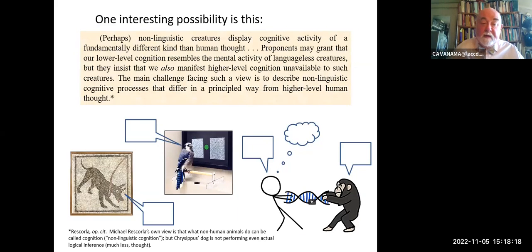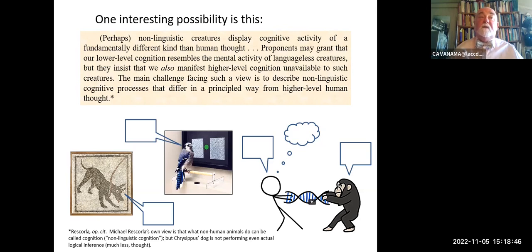Here's an interesting possibility raised in a recent paper. Perhaps non-linguistic creatures display cognitive activity of a fundamentally different kind than human thought. Proponents may grant that our lower-level cognition resembles the mental activity of languageless creatures, but they insist that we also manifest higher-level cognition unavailable to such creatures. The main challenge facing such a view is to describe how non-linguistic cognitive processes differ in a principled way from higher-level human thought.